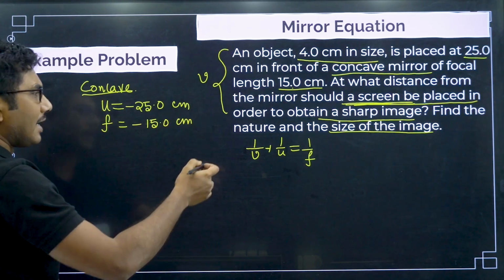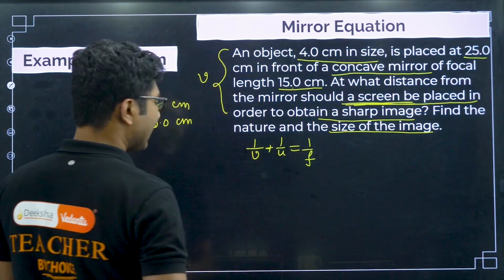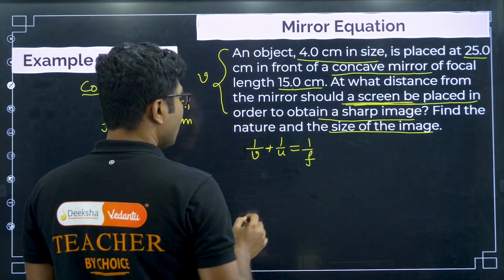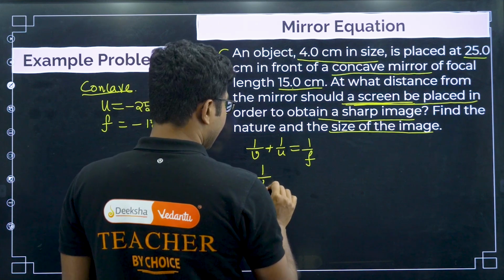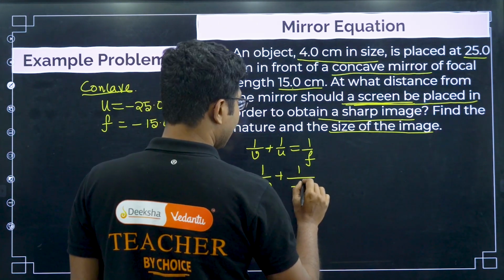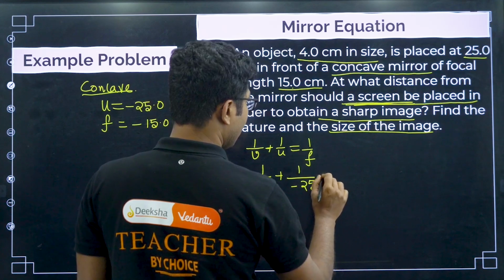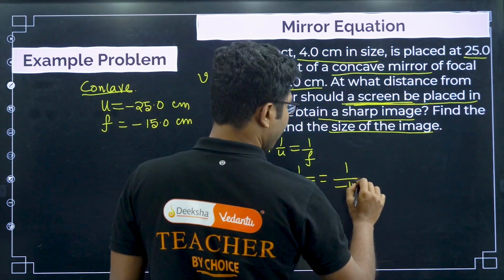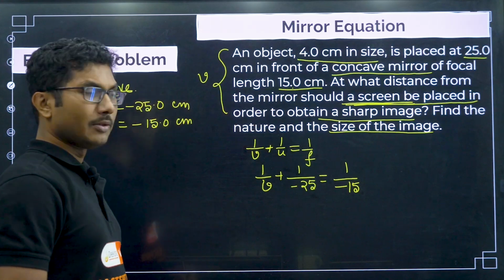Now we have to put the values and calculate the value of V. So 1 by V plus 1 by minus 25 equals 1 by minus 15, right. This is the formula.